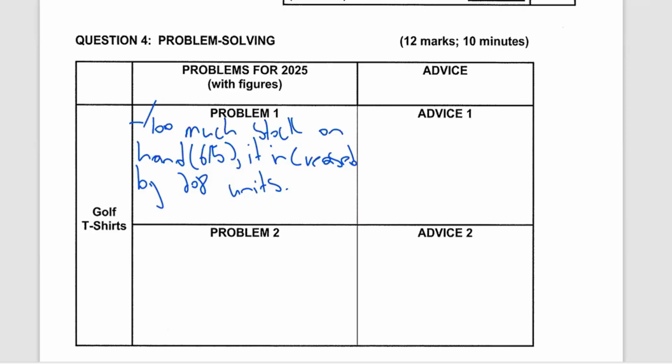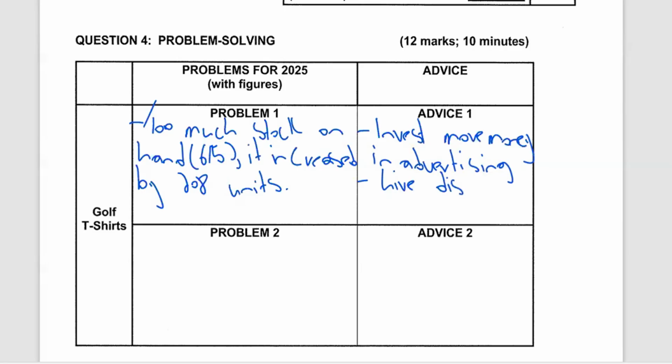So now, the advice that you can offer here, we can say, invest more money in advertising. We can also say, give discounts for bulk purchases.